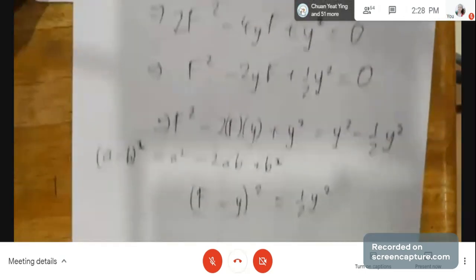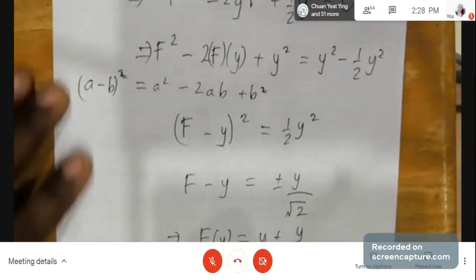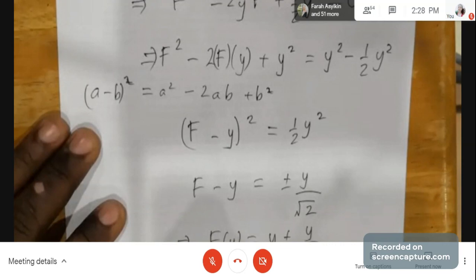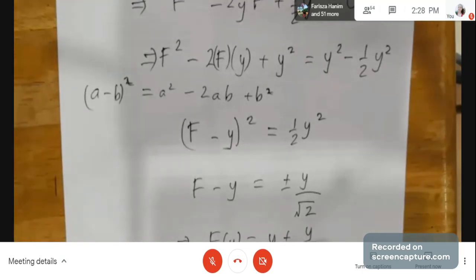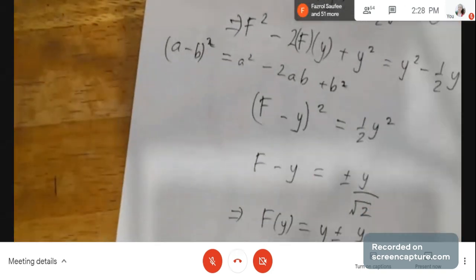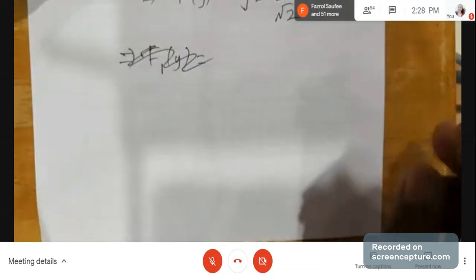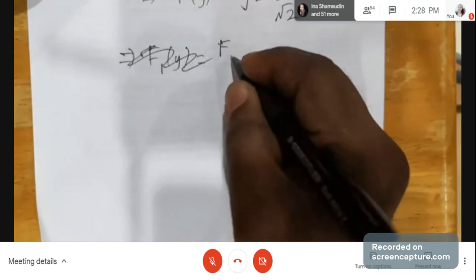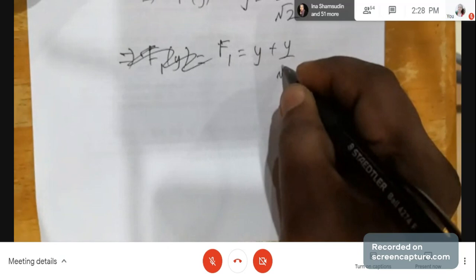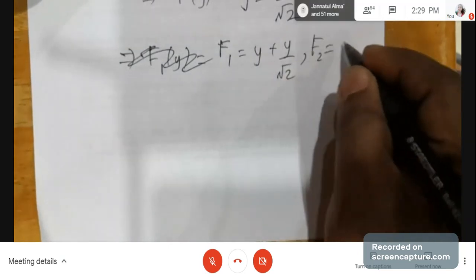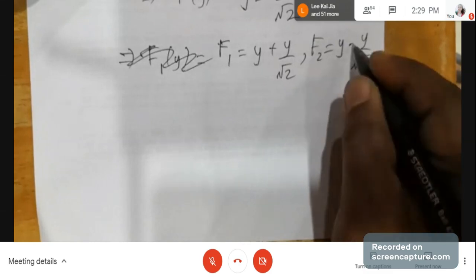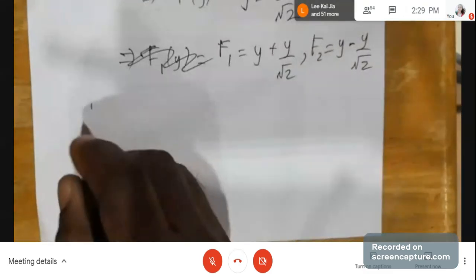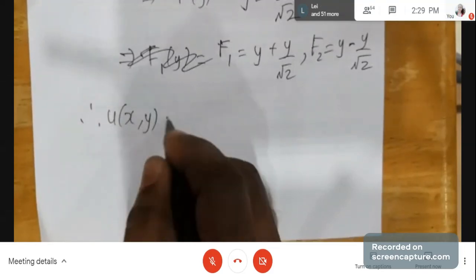So this is like the m1 and m2. The m1 is y plus y over square root 2. m2 is y minus y over square root 2.